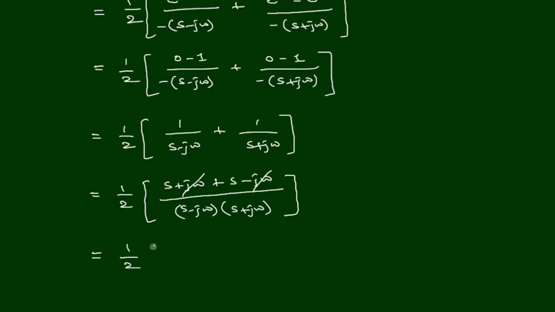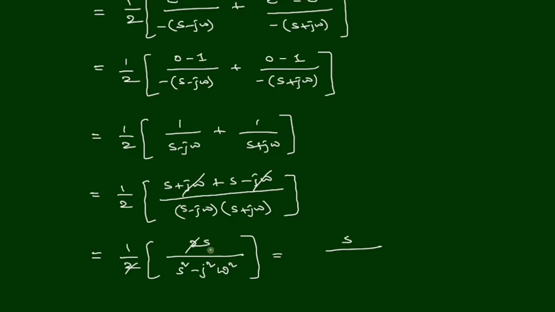Then the expression becomes s plus s, 2s, divided by, so this is in the form of (a minus b) into (a plus b). So that gives us a square minus b square. Then we write it as s square minus j square ω square.